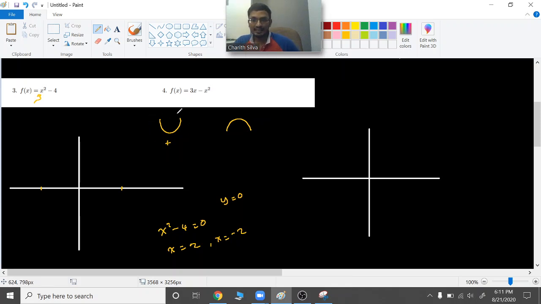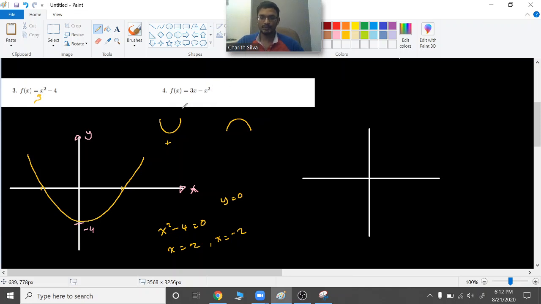And since it has a positive coefficient for the x squared term, you will eventually get a shape like this, right? Also, if you substitute x equals 0 here, the y value will be equal to negative 4. So this is the way you should draw the graph of x squared minus 4.